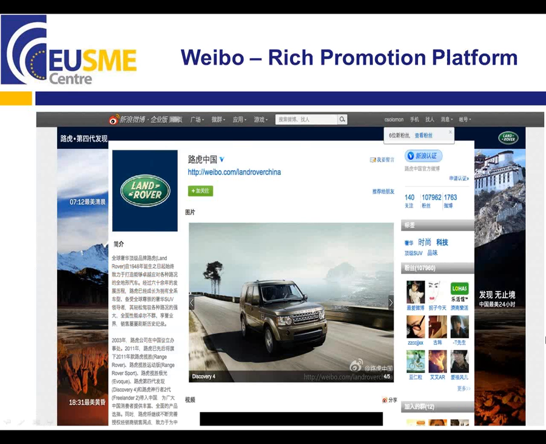So Weibo, I said, Sina Weibo was originally copying Twitter, but they have developed their own characteristics. And basically, you can see here, this is the official site for Land Rover in China. And there is a corporate presentation.